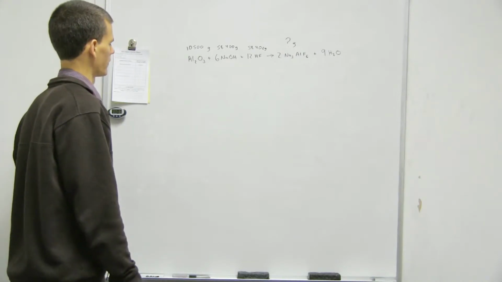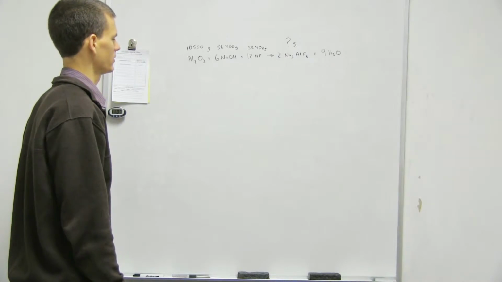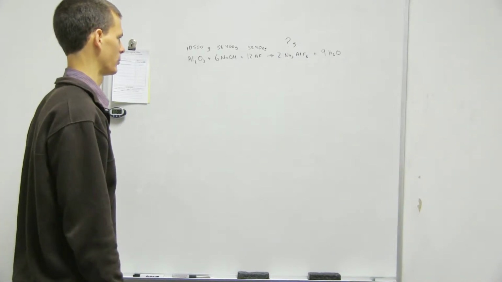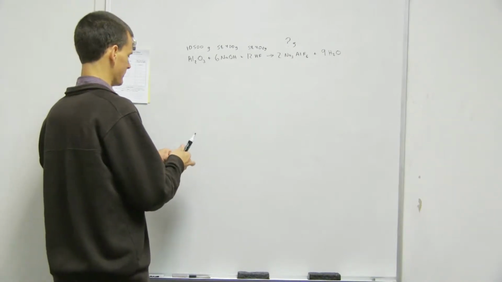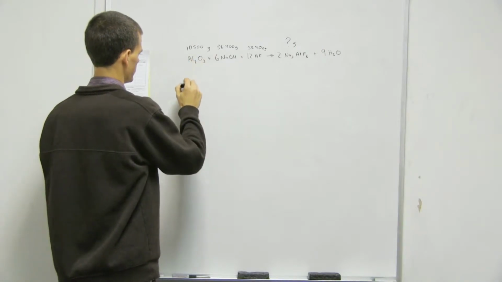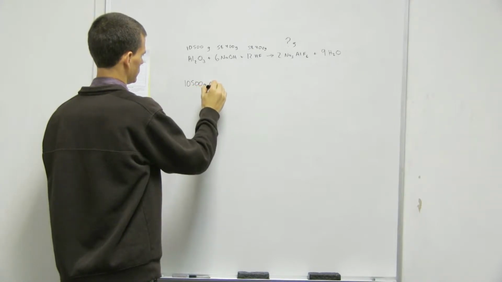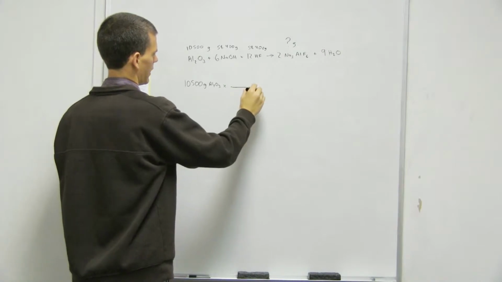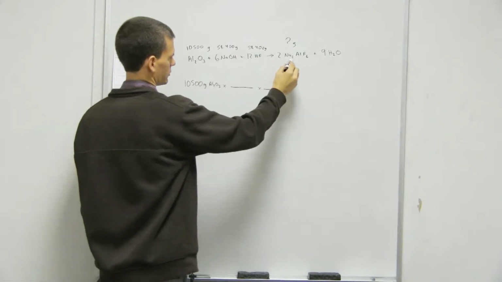I'll show you what I think is the easiest way to do it. There's a couple different methods. You could do a ratio, set it up, and find out which one's limiting. But what I like to do is just do 3 different equations. So you'll start with 10 grams Al2O3 and get it to moles, and then use the molar ratio to get it to moles of this.